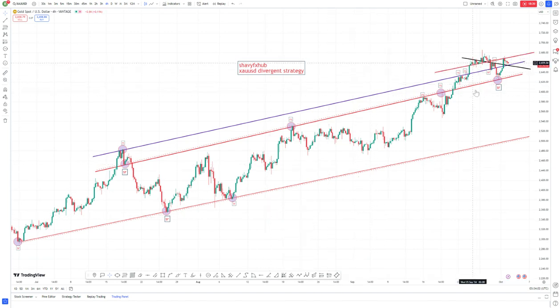So you see support, support, support, support, breakout of the support line, retest one, retest two. So if you have a sell, don't be surprised. I would like to call it RT.